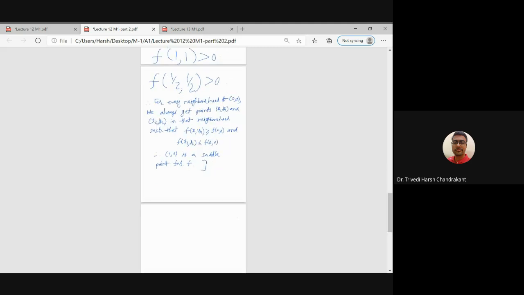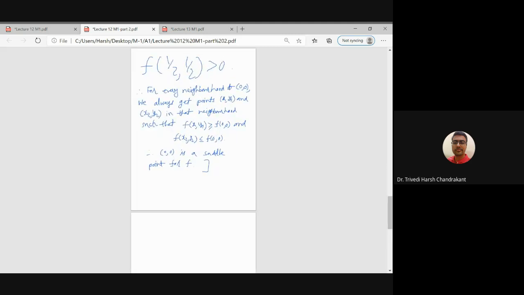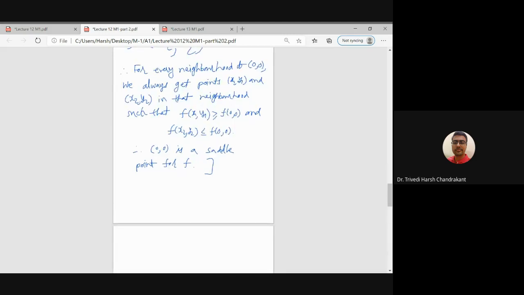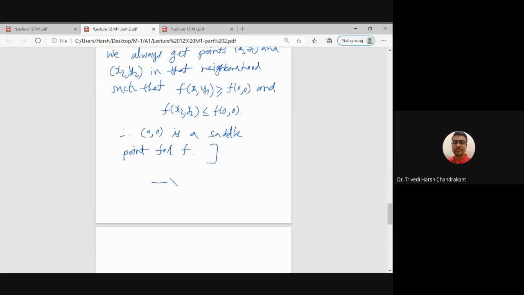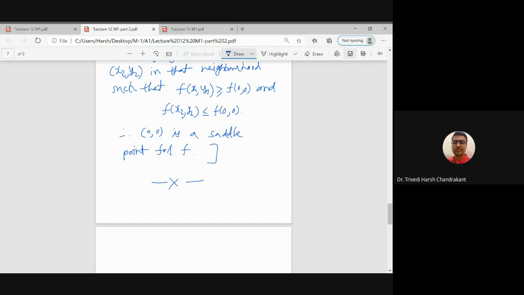So basically at a saddle point, the point doesn't have local maxima, and it also doesn't have local minima. So this is regarding this particular example.